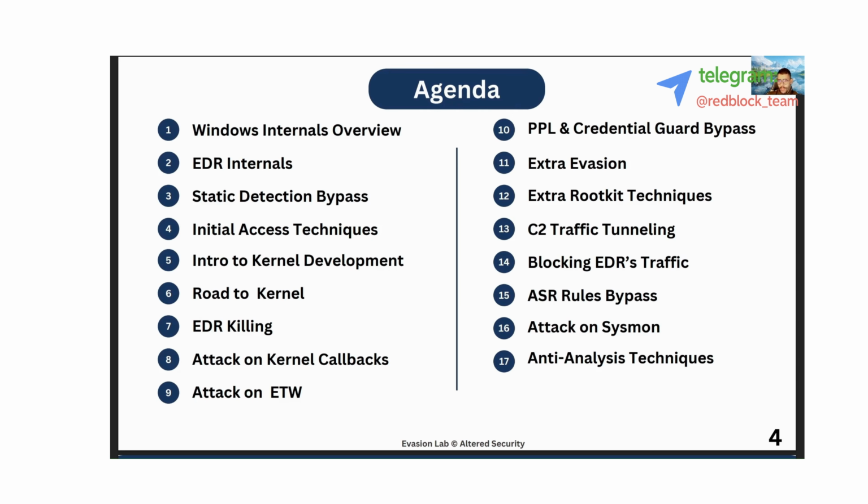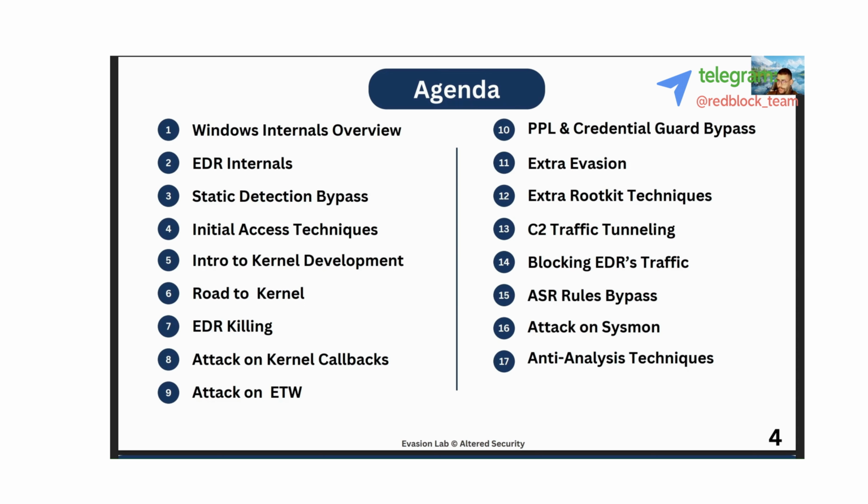12th, extra rootkit techniques, stealth techniques used in modern rootkits. 13th, C2 traffic tunneling. Covert communication techniques for C2 infrastructure and tunneling the malicious C2 traffic through some trusted APIs. 14th, blocking EDR's traffic.